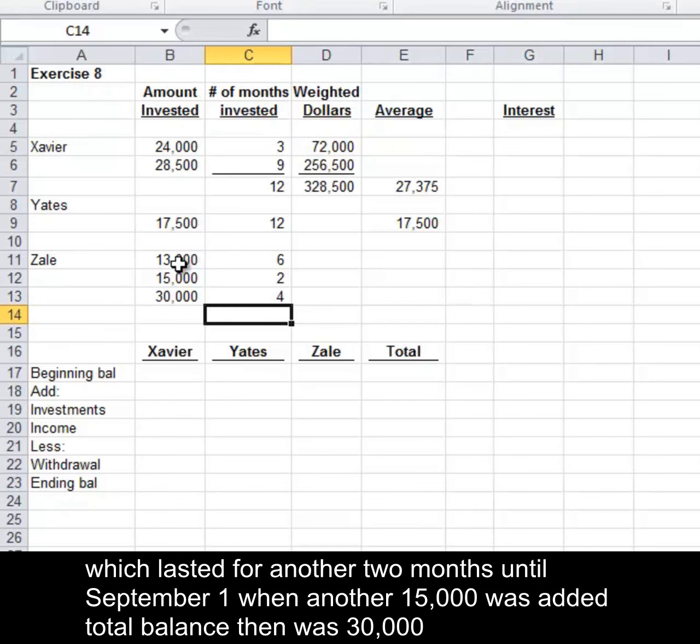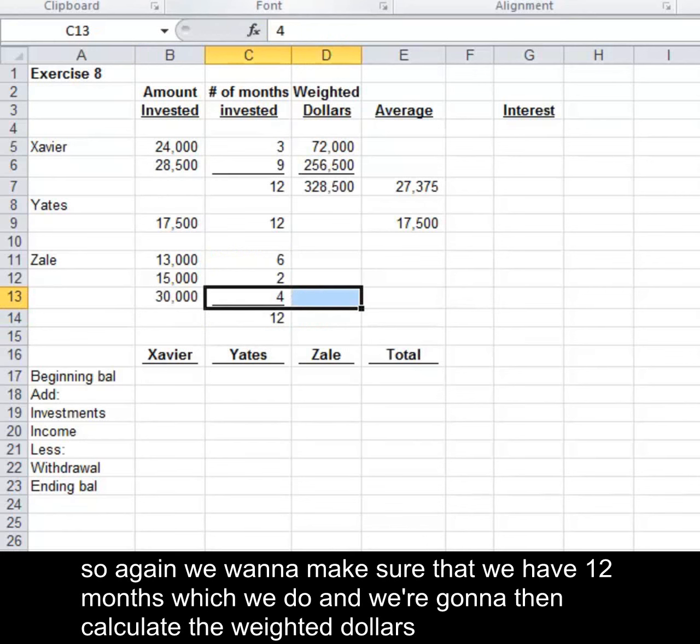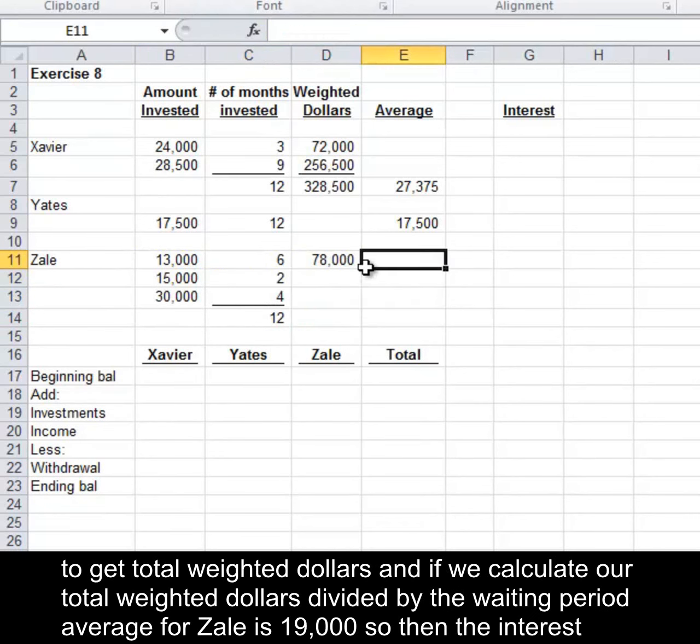Total balance then was 30,000. So again, we want to make sure that we have 12 months, which we do, and we're going to then calculate the weighted dollars for each of those periods to get total weighted dollars. And if we calculate our total weighted dollars divided by the 12 months, the average for Zale is 19,000.